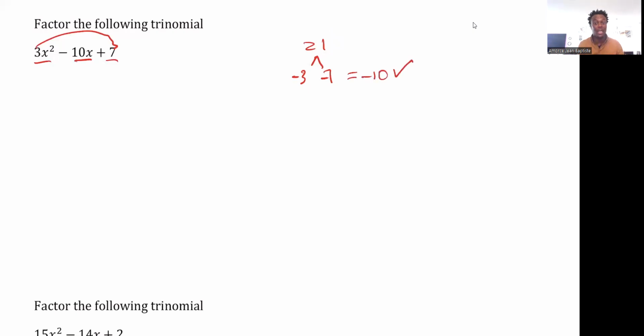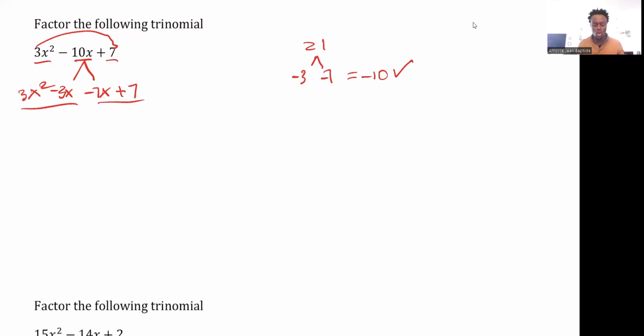Now that I have the factors, to group factor, we want to separate the 10 into negative 10x, negative 3x, minus 7x, and then add the side numbers plus 7 and then the 3x squared. We have the 4 terms, factor the first group here, second group here.